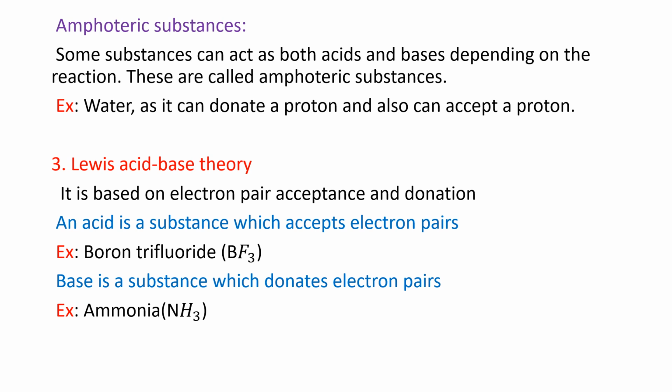Based on that, we have the Lewis acid base theory. So we have a simple definition here. According to this theory, an acid is a substance which accepts electron pairs. So the one who takes the electron pair is an acid. Simple, correct? For example, boron trifluoride.